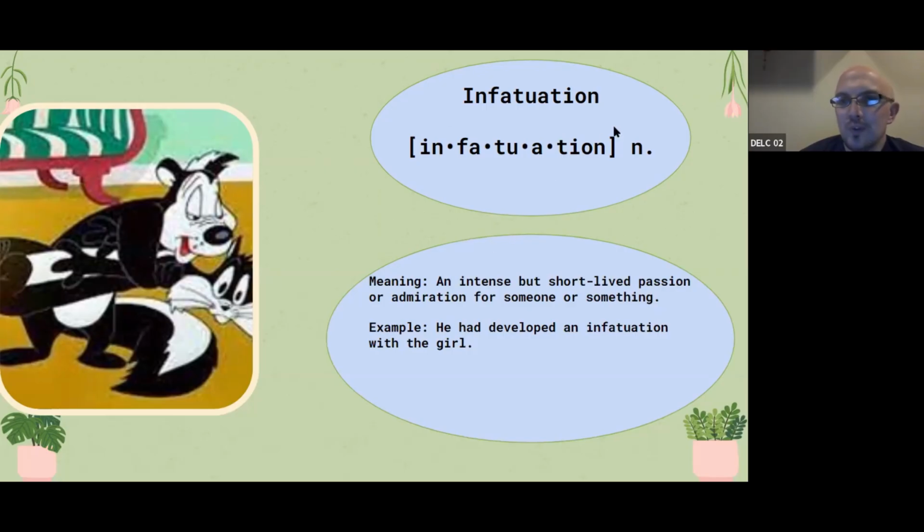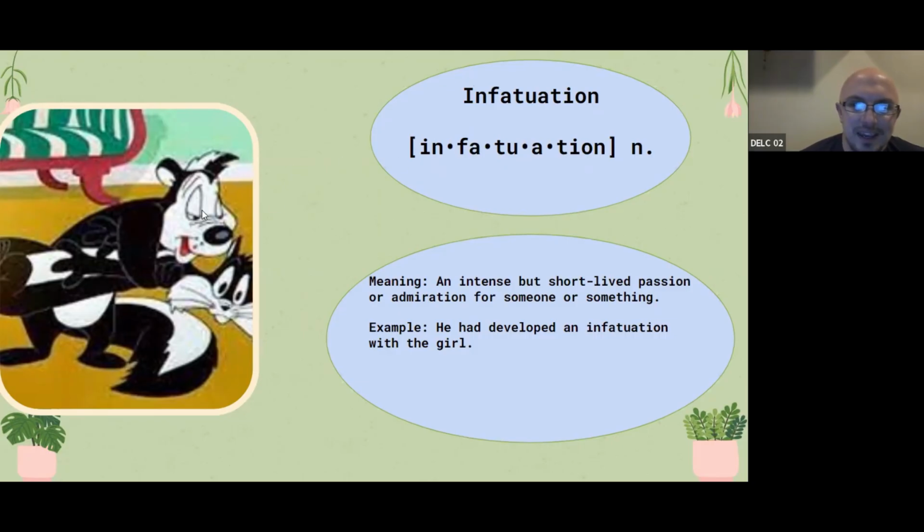Usually we use infatuation like love, but it's not love. It's just a short time love. You feel like that woman's so beautiful, and I think I love everything about her. Almost obsessed can be another word. But usually with infatuation, people will say you're not in love, you're just infatuated.